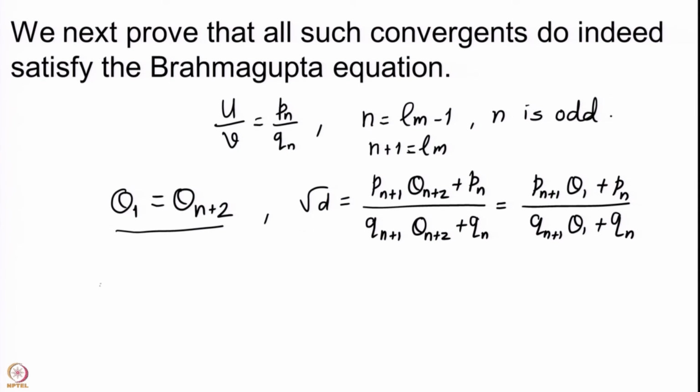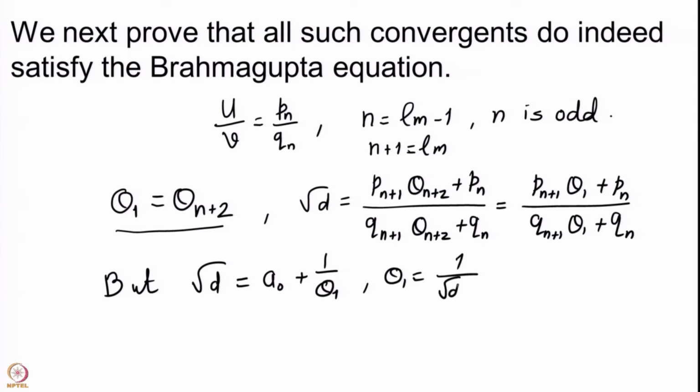But we have that root d is a naught plus 1 upon theta 1. So, theta 1 is 1 upon root d minus a naught.